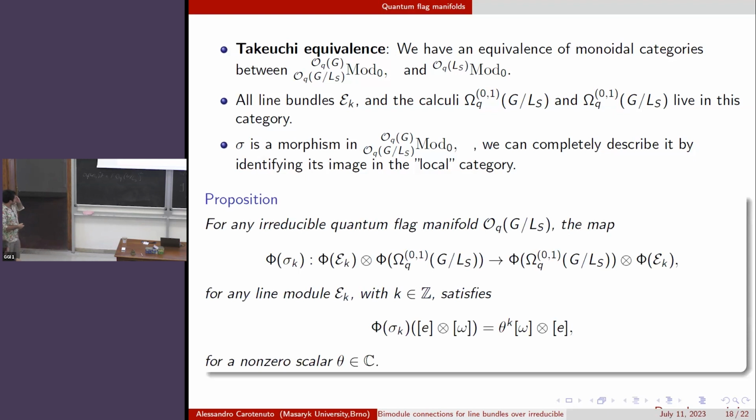And what happens is that if I look at the image of sigma inside the category of left comodules with respect to the Levi subalgebra, the map sigma just gives me a flip up to a constant. So fiber by fiber I just get the classical case, that is, I flip the first order calculus and the modules up to some constant.